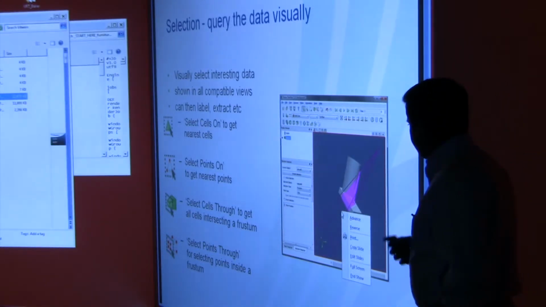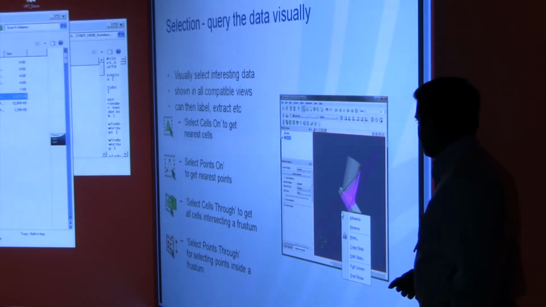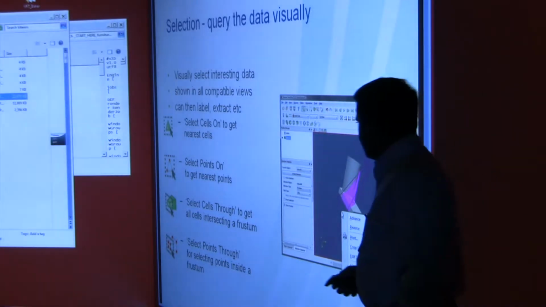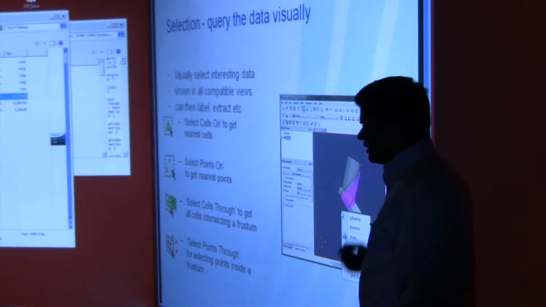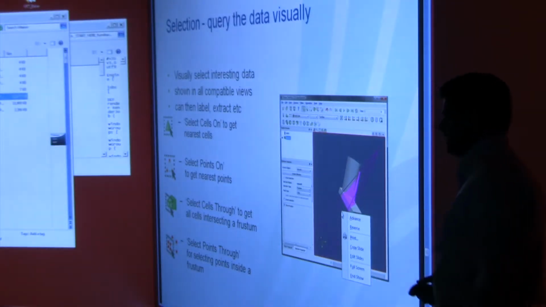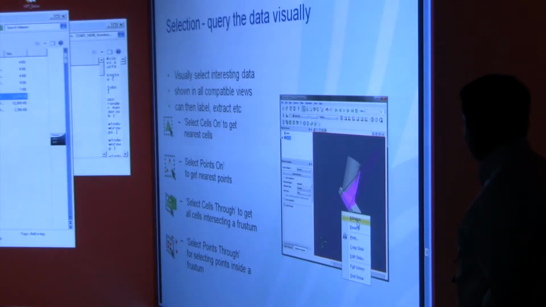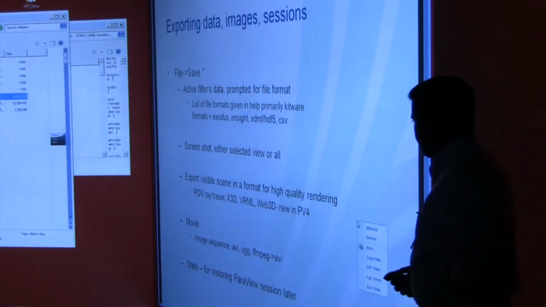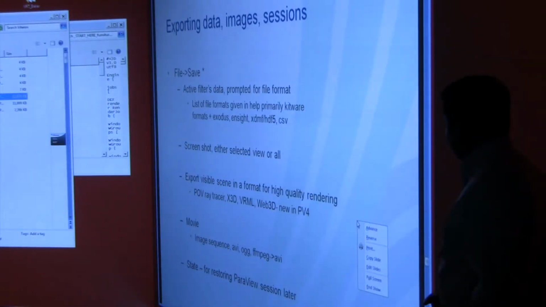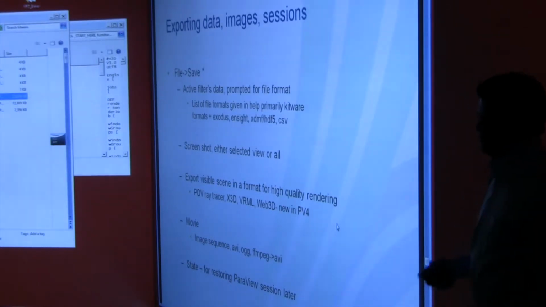Again, with selection, we can do different kinds of selections. You can select cells, you can select points, or you can perform intersections, you can improve the data sets. Again, various operations you can perform within ParaView. One of the nice things about ParaView is that you can export all these visualizations as PNG or movies.